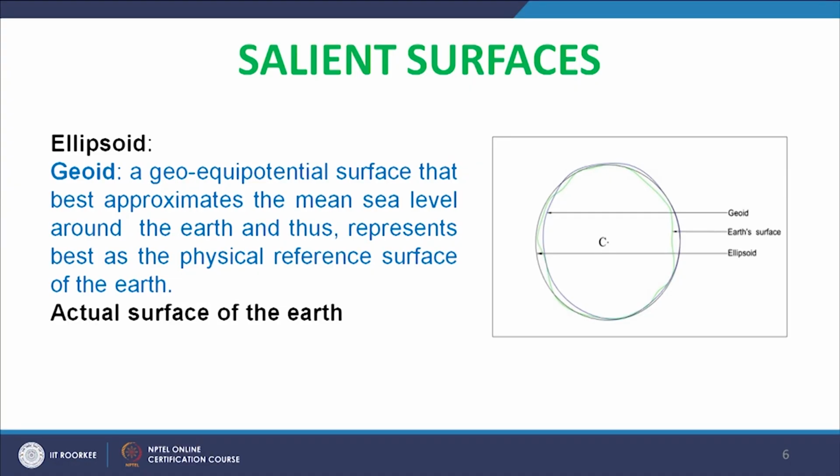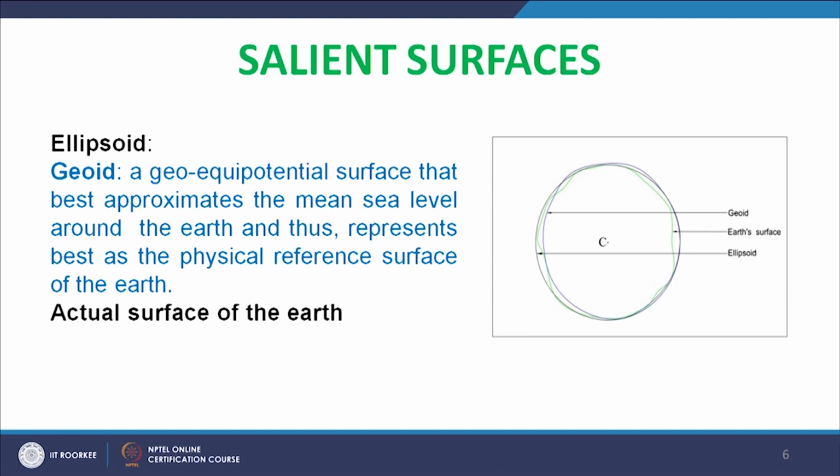Here we can see the green line is our actual surface of the earth, which is very much varying, and then the geoid surface, which is blue in color, which is comparatively regular than the actual surface of the earth, but still there is a lot of irregularity. And the third one, the black in color, that is the ellipsoid, which is quite regular in shape.